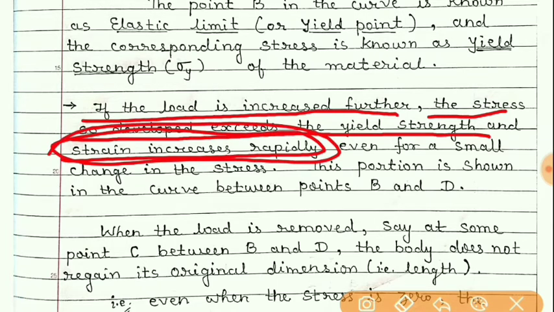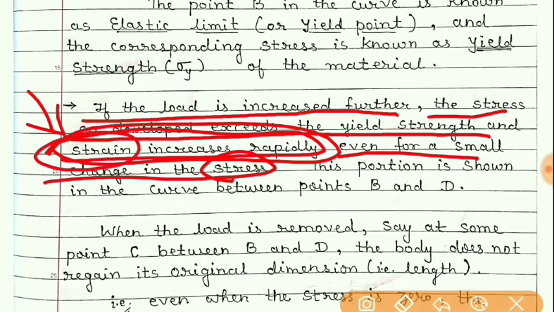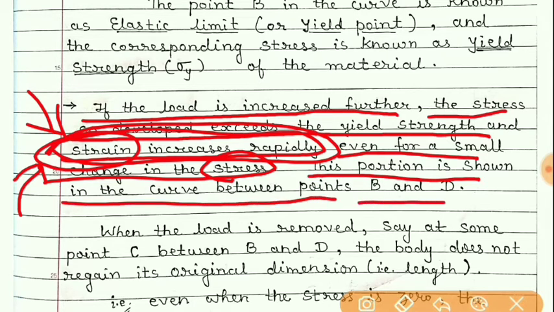Even if you put a little mass, that means by increasing a little mass, the strain will be more. Strain means change in length will be more. That is, even for a small change in the stress, strain will be large. And this portion is shown in the curve between points B and D.